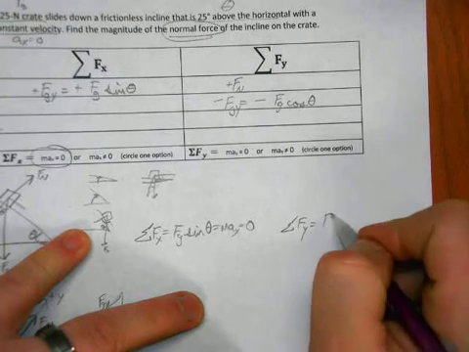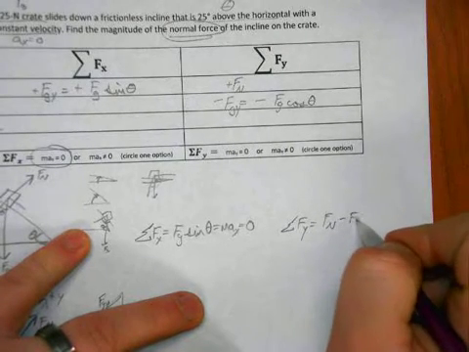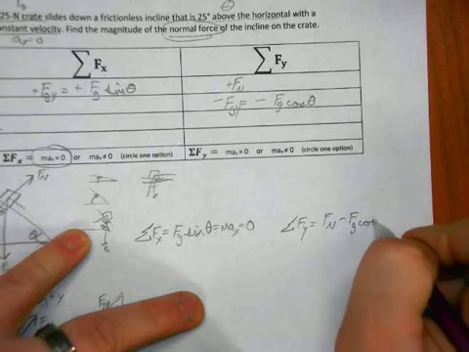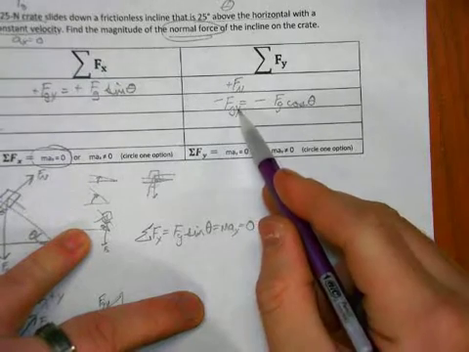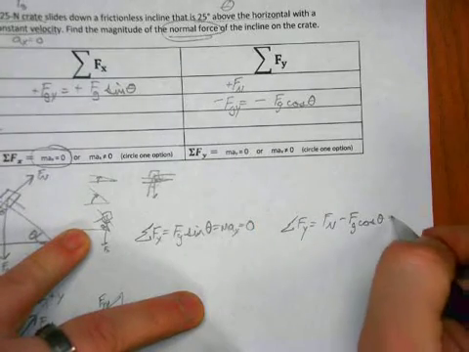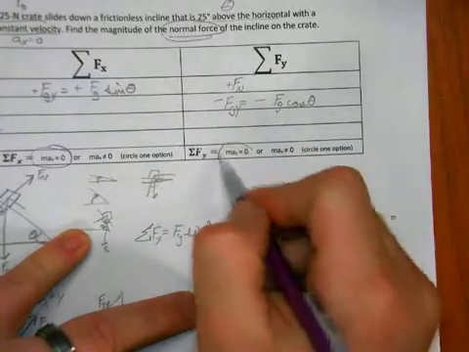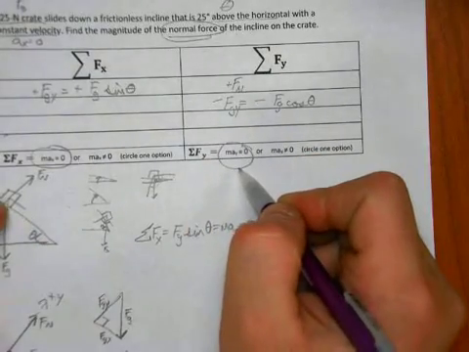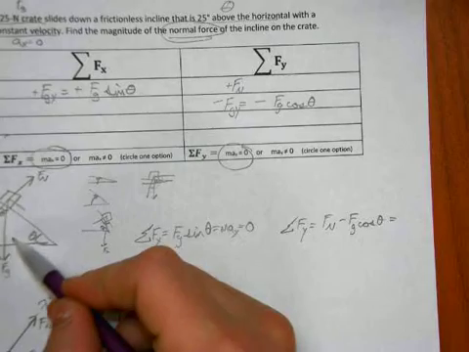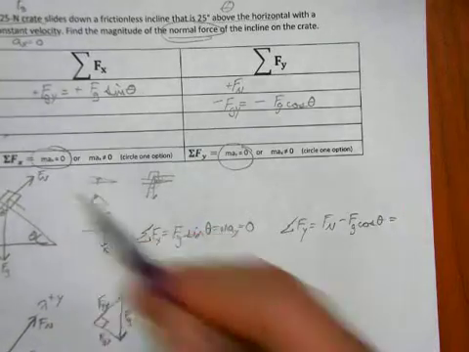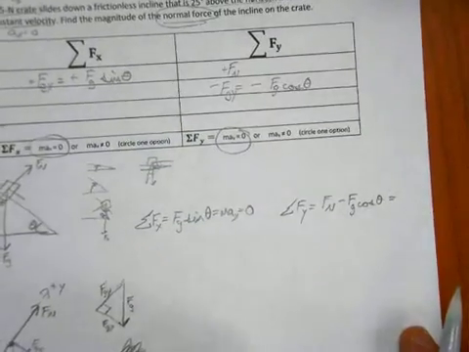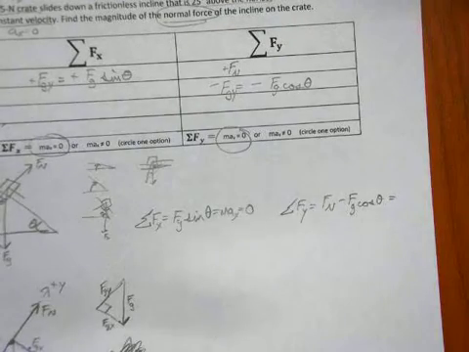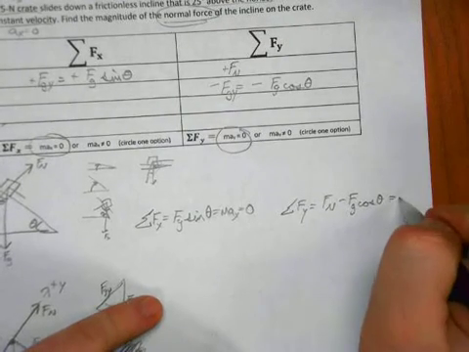That equals Fn and negative Fg cosine of theta, which is just negative Fgy. And we know that is equal to 0 because the object is not sinking into the plane and it's not levitating off of the plane either. So the sum of the forces has to equal 0.